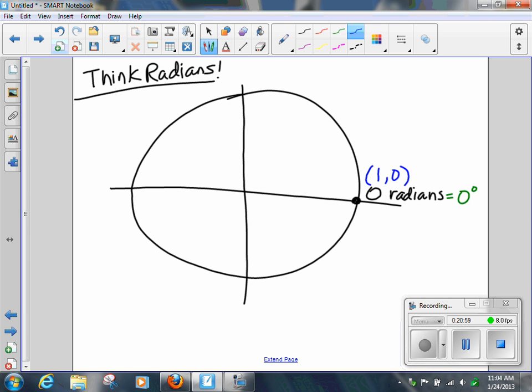And if I were to go all the way around the circle, one complete revolution is equal to how many radians? 2 pi radians. Which is equal to how many degrees? 360.